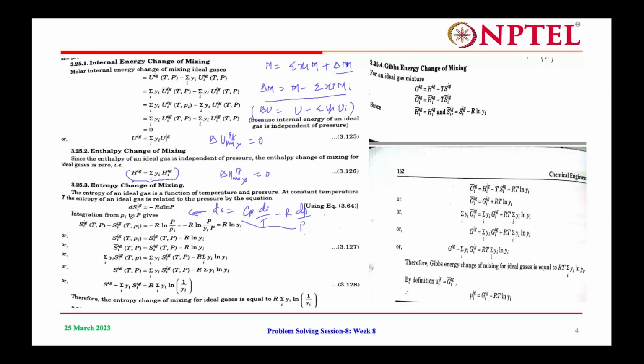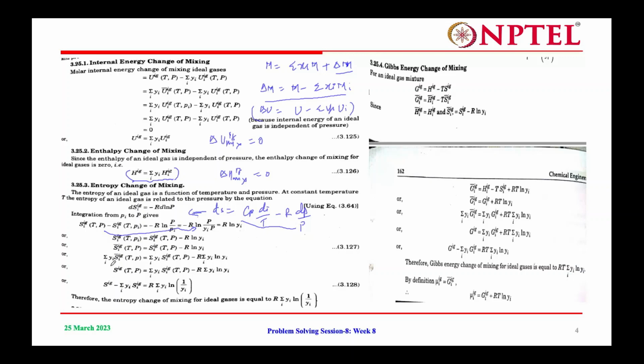Now integrate from Pi to P, you will get S^ig at T, P minus S^ig at T, Pi equals minus R ln P by Pi. Now S^ig at T, Pi gives S^ig at T, P minus R ln y. So from the Gibbs theorem, the partial property of entropy at temperature and pressure equals S^ig at T, P minus R ln y.